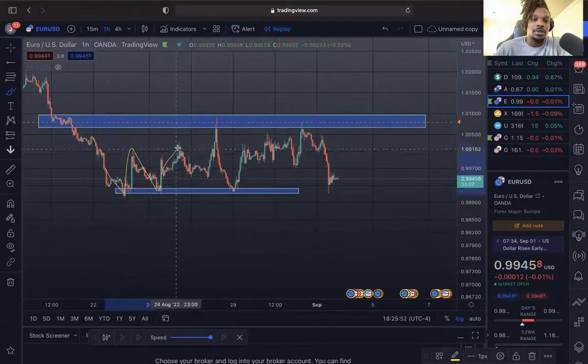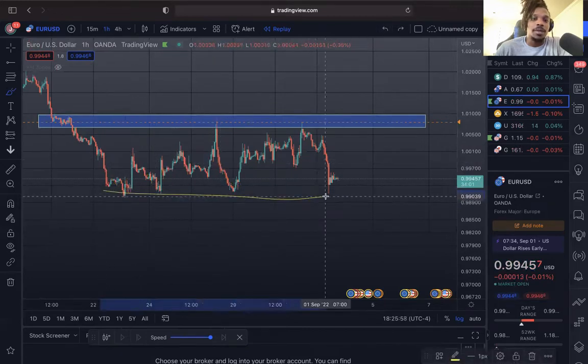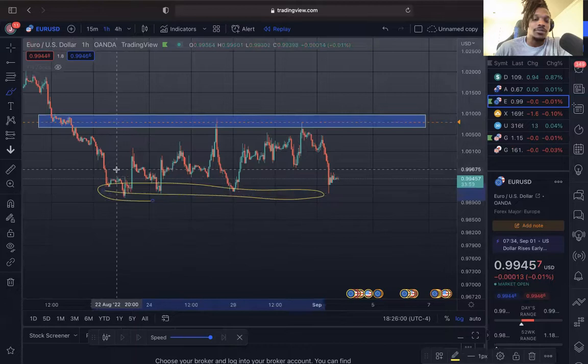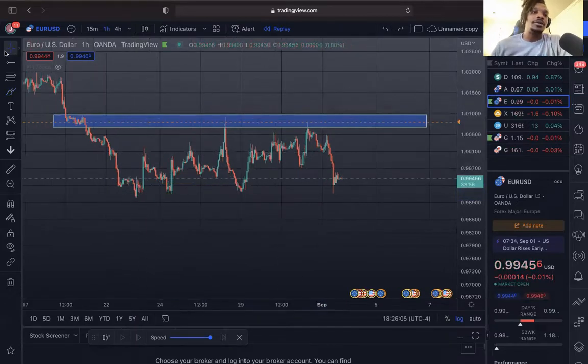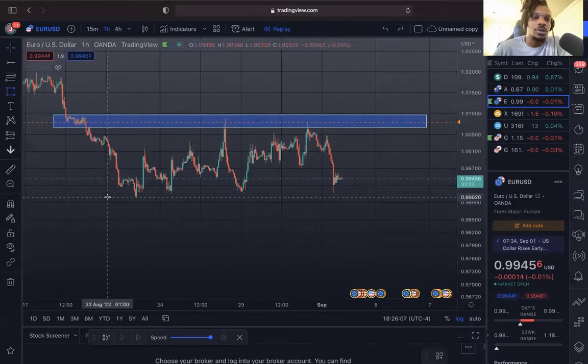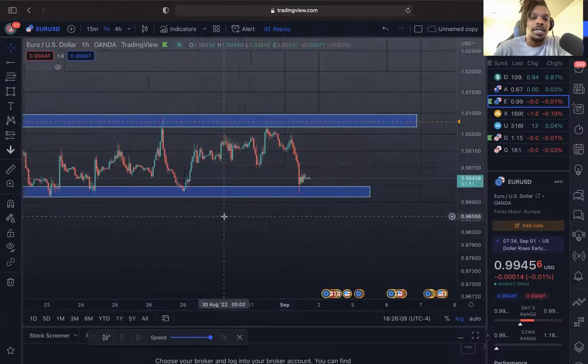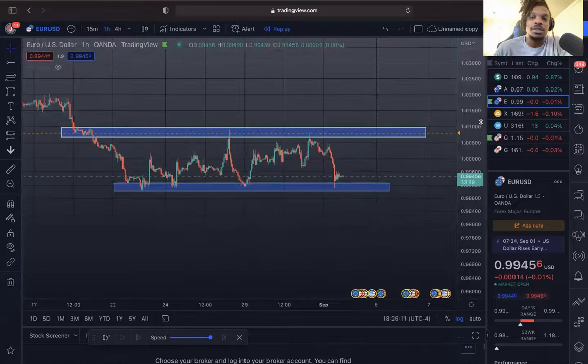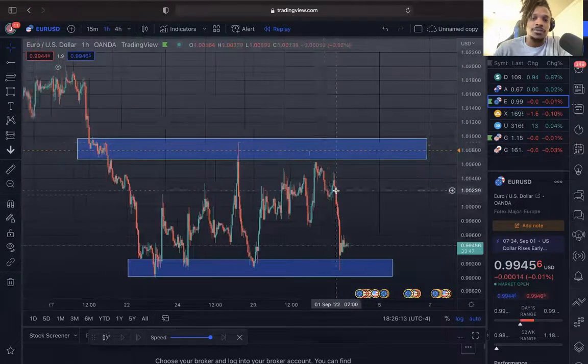Y'all might call this a W, but it came right back down. If you was trying to hold, it stopped you out. Now, it'd be a different story if you was in for a little bit, maybe 30, 40 pips, then yeah, that's cool. But you probably just have a better chance of succeeding more when you are remaining with the trend. Okay, so guys, that's all I want to say for this video.